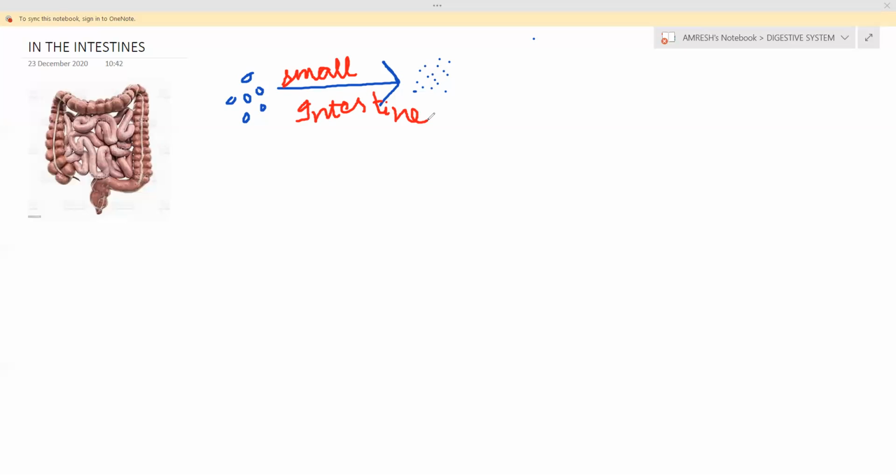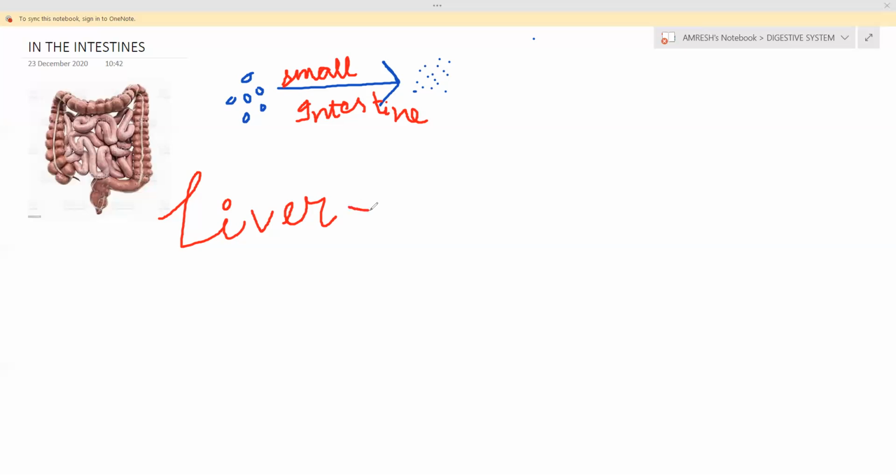Okay. Now there are some other organs also, like your liver and pancreas. Liver and pancreas do not secrete any digestive enzymes, but they secrete some juice that will help in the digestion of food.